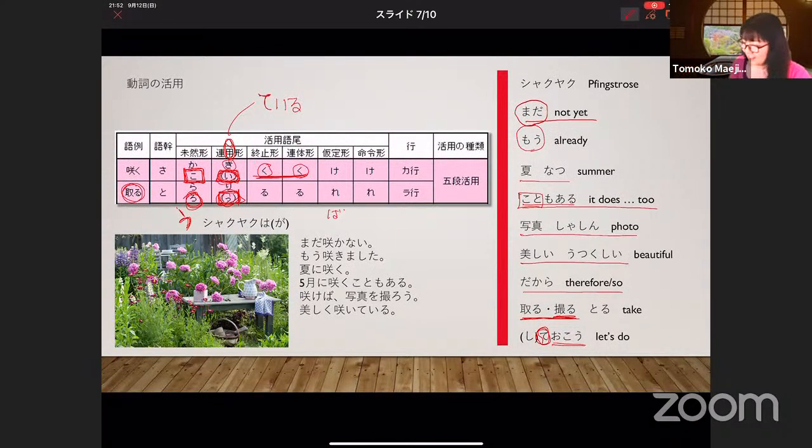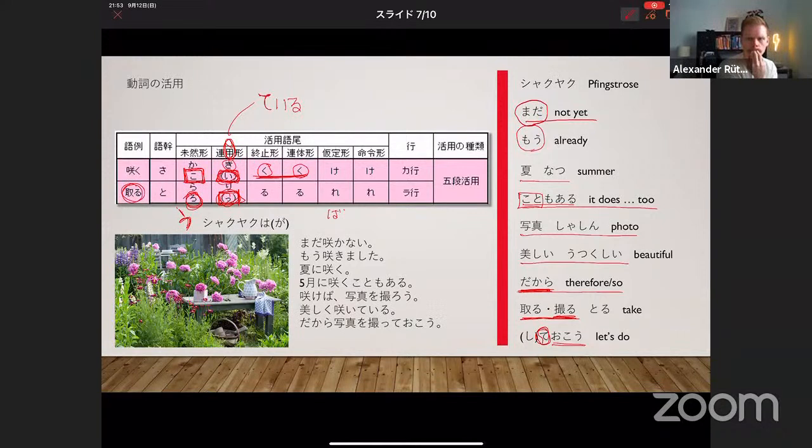In Japanese? You start with this. Dakara, shashin o, totte, oko. 取って.